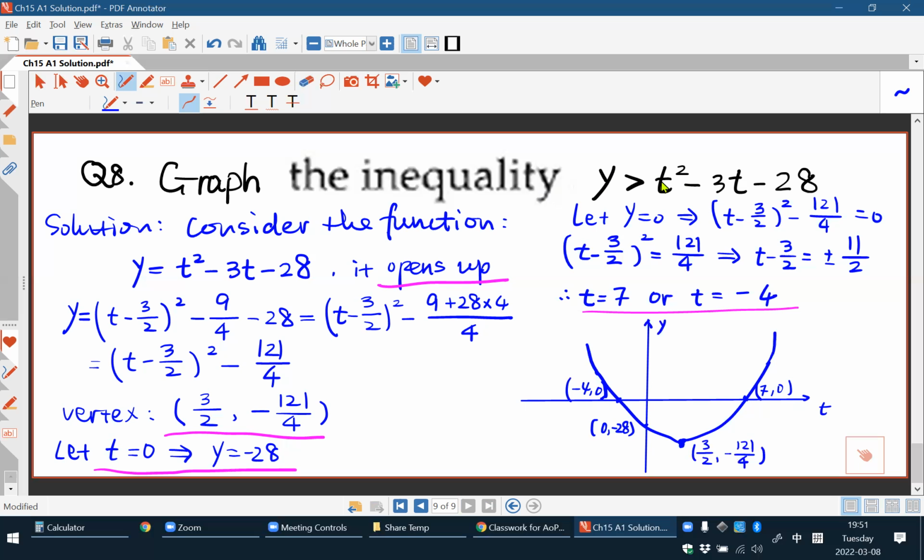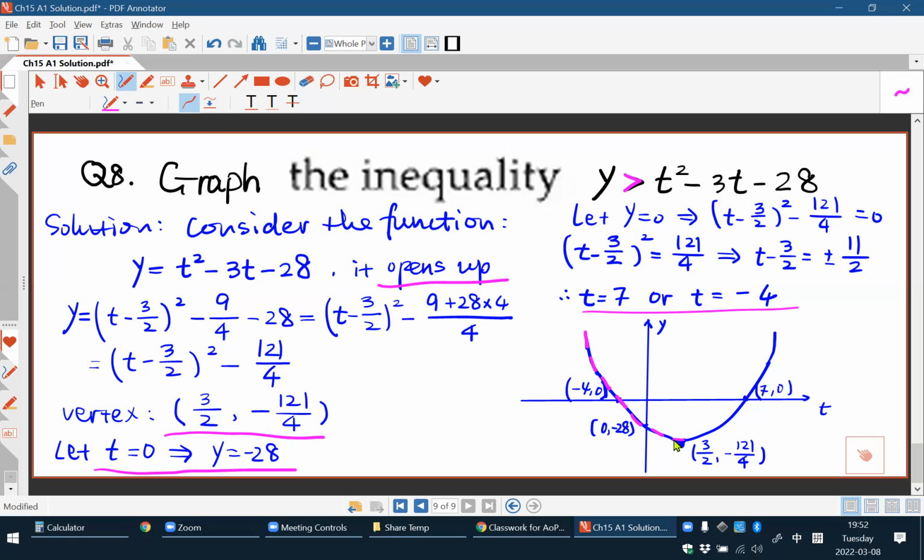When y equals the right side, it's on the curve. Now this time we want to find all the points whose y-coordinate is greater than the right side, which means the region should be above this curve, right? And also note y is strictly greater than, so that means the boundary cannot be included, right?